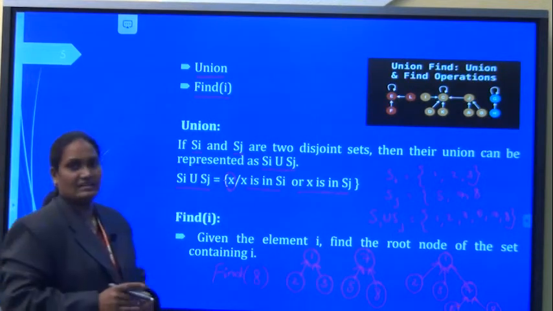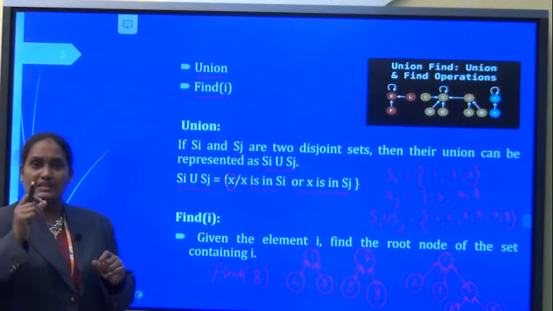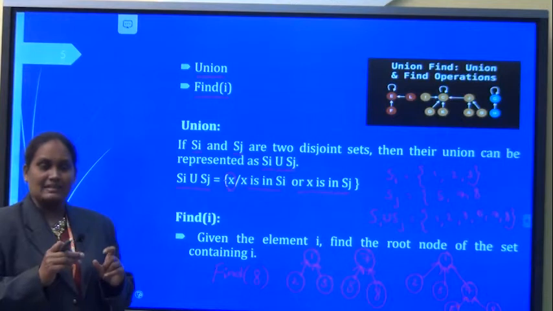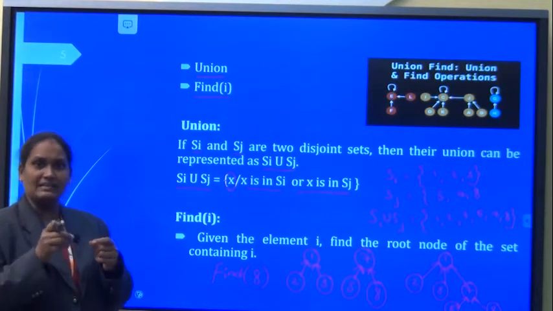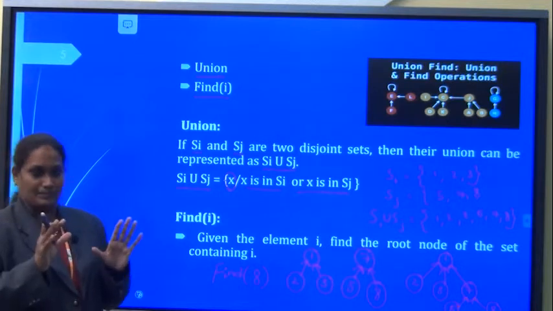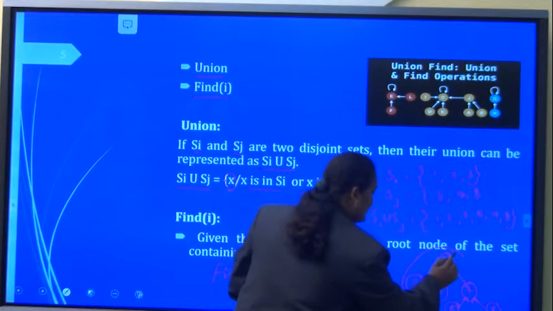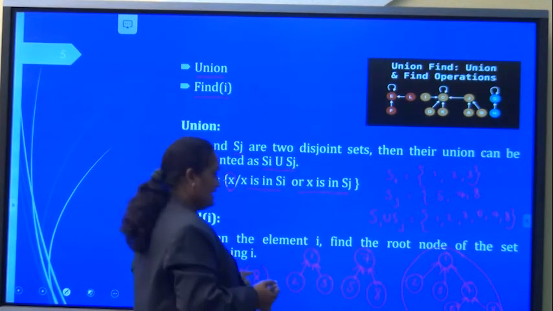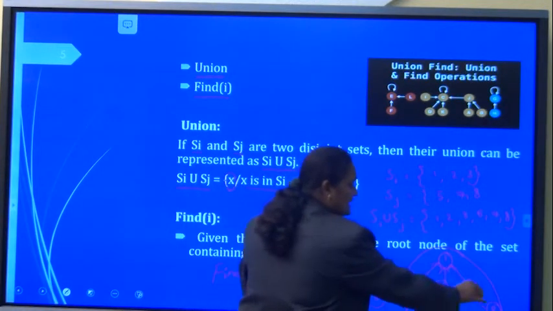Now, suppose I have been given find of 8, that is, I is 8. What does that find operation return? This find operation returns the root node of the set in which the element 8 is present. Here, this is the set, and on this set I want to implement find of 8. In this set the 8 is present.